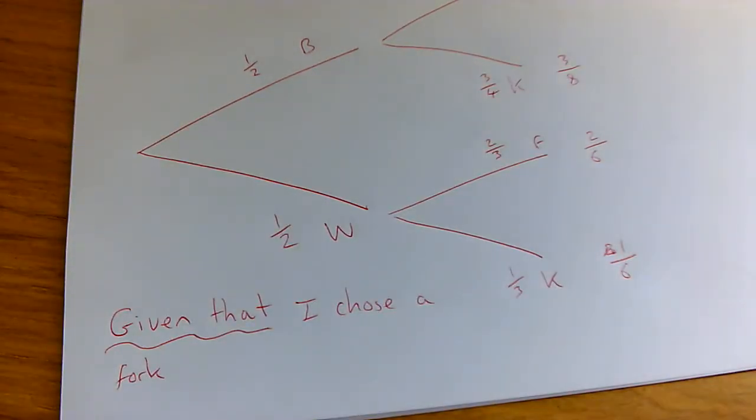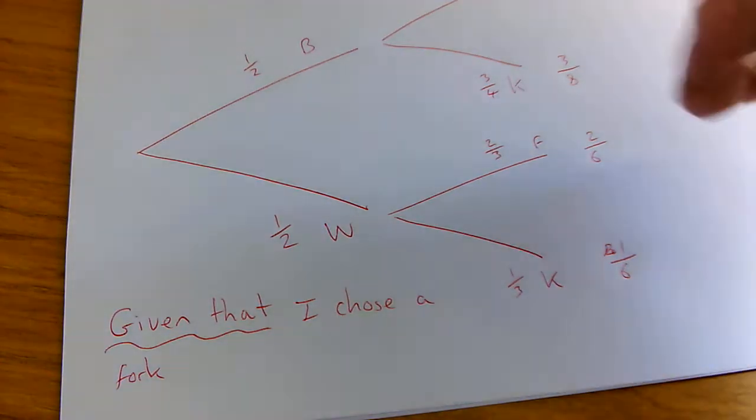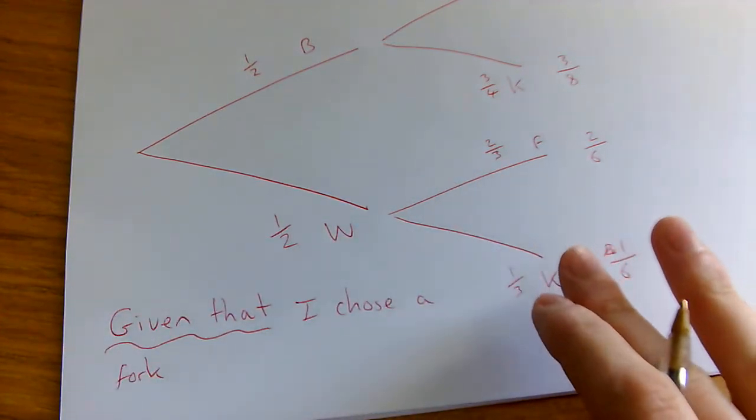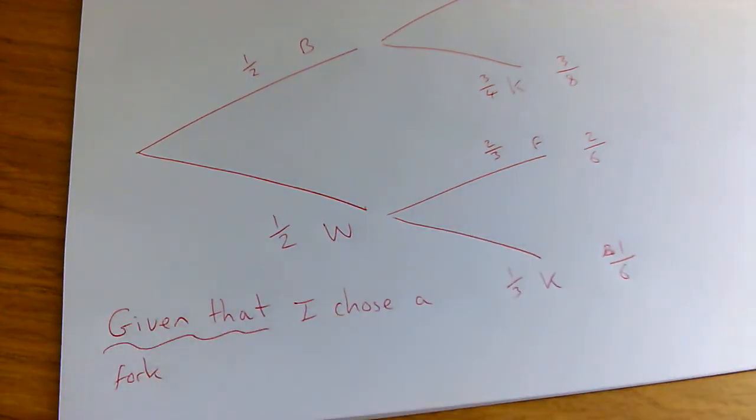We don't know where it came from, but I've definitely got that. Any outcome that does not involve having a fork is impossible now. The only things that can happen are things that result in getting a fork. So in a moment, we're going to eliminate anything that doesn't have a fork in it because of this phrase, given that I chose a fork.